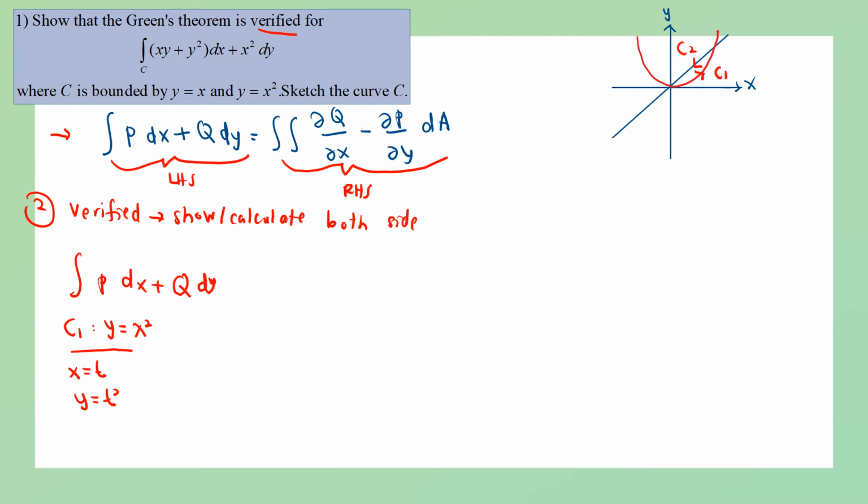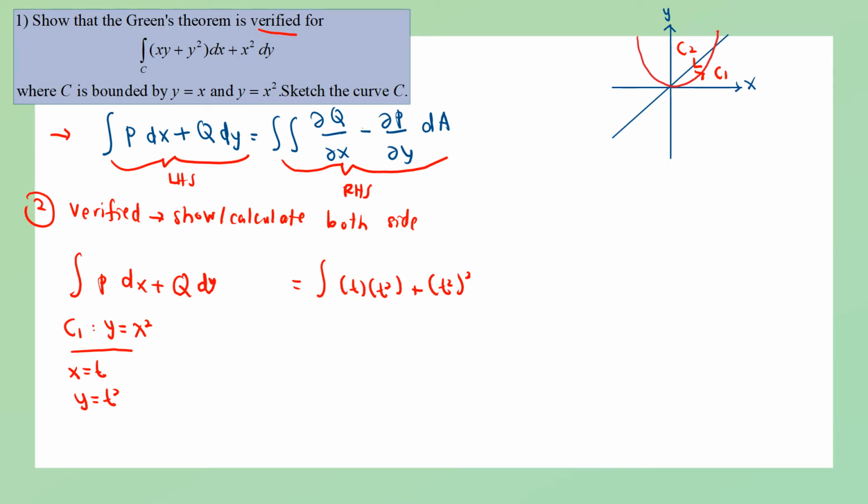And next, you have to substitute in P dx plus Q dy. You have x, x is equal to t, times y, which is t squared, plus y squared, which is t squared, dx.